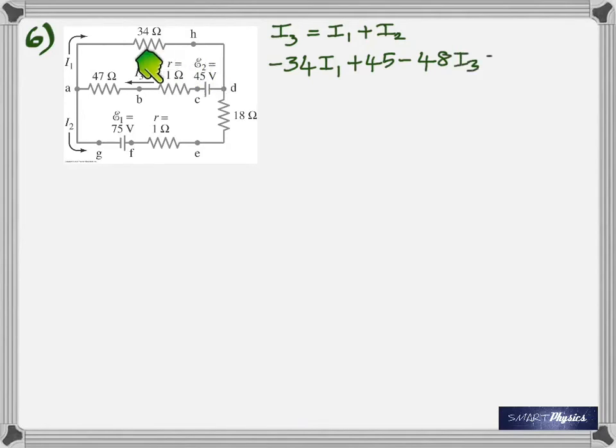And then again, you're going in the direction of the current, so it's minus 47 I3. And again, minus 1 I3, minus 47 I3. So I've put them together as minus 48 I3 is equal to 0. So minus 34 I1 plus 45 minus 48 I3 is equal to 0.